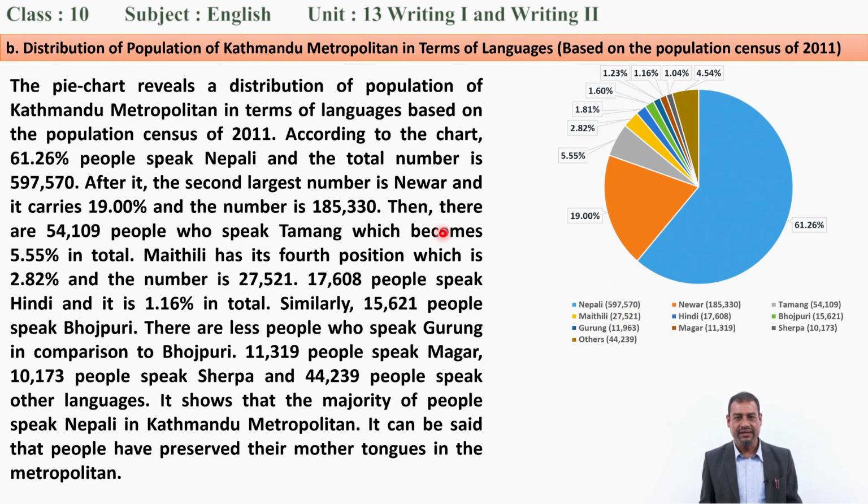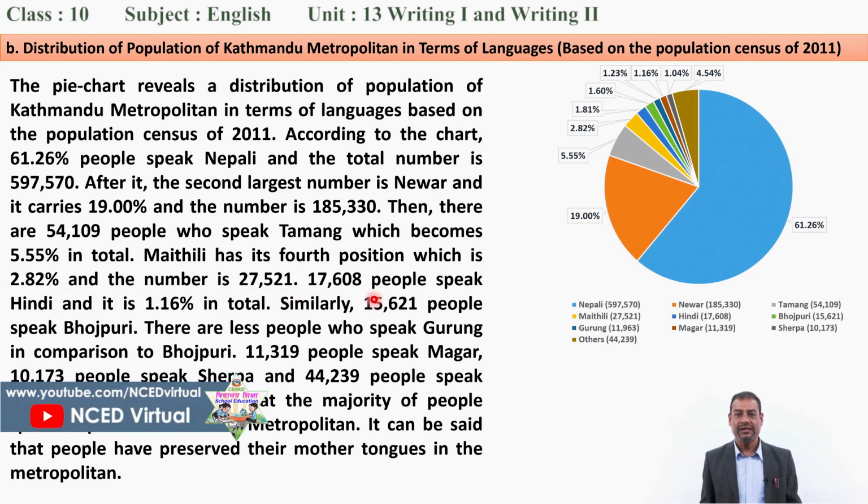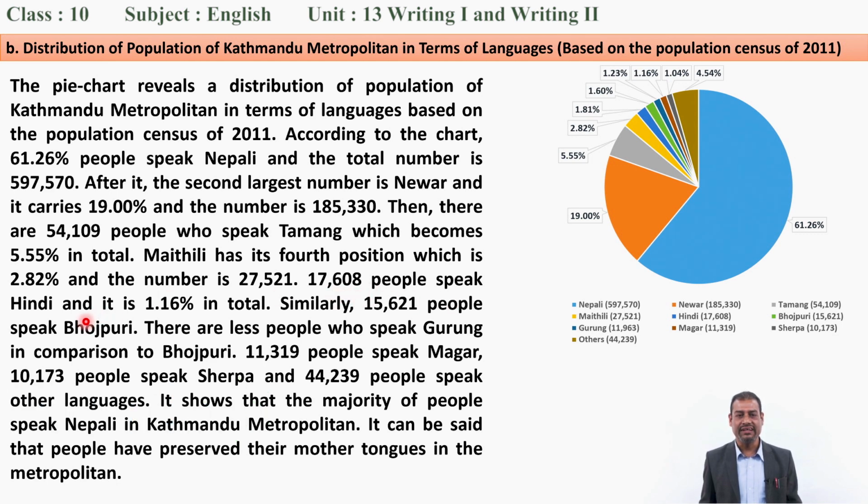Then there are 54,109 people who speak Tamang, which becomes 5.55% in total. Maithili has the fourth position, which is 2.82%, and the number is 27,521. 17,608 people speak Hindi, and it is 1.16% in total.